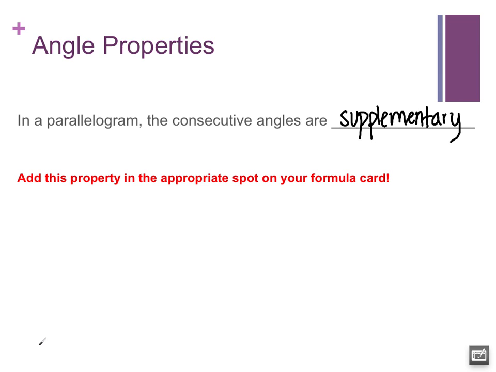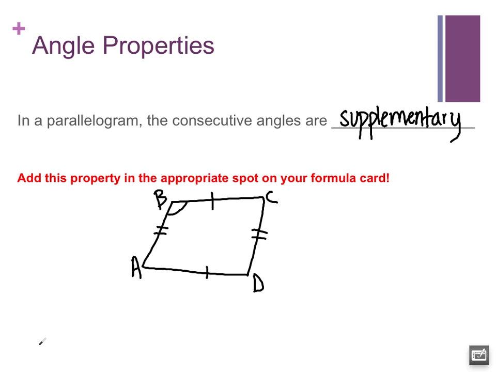So let's draw ourselves a parallelogram. Okay, so we know that opposite sides are congruent. We know that opposite angles are congruent. Okay, now what it means by consecutive angles are angles that are not opposite.